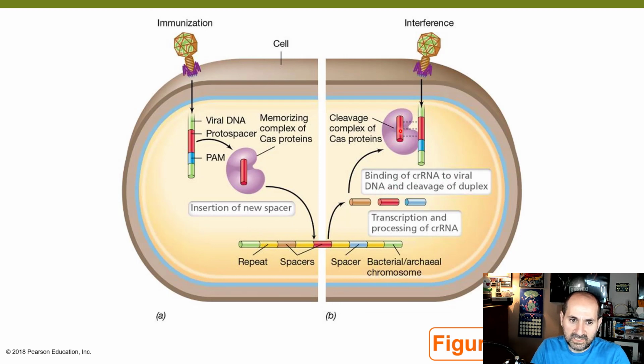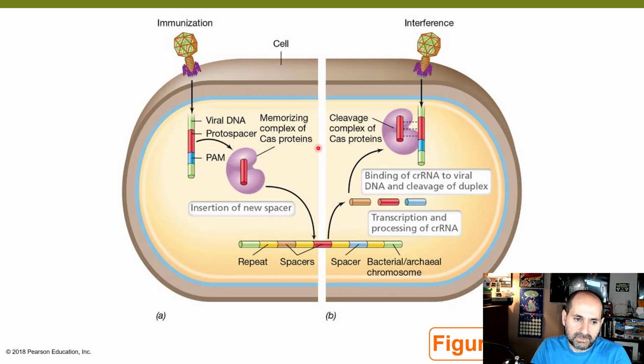You see this? The spacer recognizes itself on the viral DNA, and the Cas complex then triggers cleavage of the viral DNA, destroying the viral DNA. Isn't that fascinating?